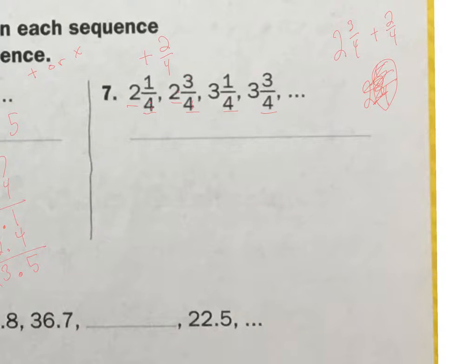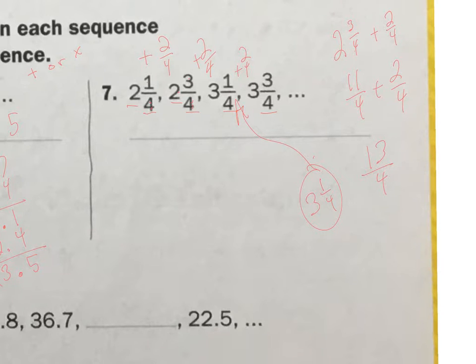I could change that into 3 1/4, but let's make this into an improper fraction. 4 times 2 is 8, plus 3 is 11/4, plus 2/4 equals 13/4. How many times does 4 go into 13? 3. 3 times 4 is 12. Leaves me with 1/4 left over, which is that number.